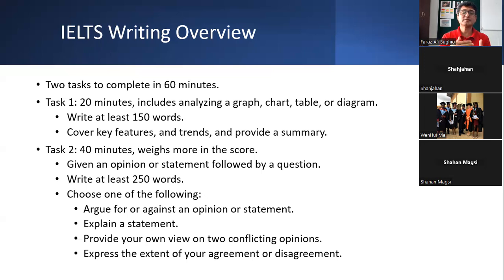And the other reason of going beyond 150 is because they want to see your language skills. So you should provide them sufficient sentences, sufficient material so that they can evaluate that you can write more than one type of sentence.